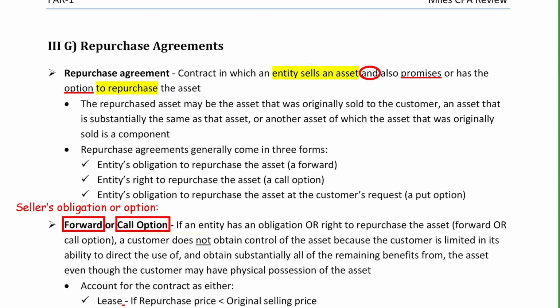So if the contract has a forward or a call option, the customer does not obtain control of the asset, even though the customer may have physical possession of the asset. Think about it. The seller is obliged, or the seller has an option of taking back the asset from the customer. So basically, the customer does not control the asset.